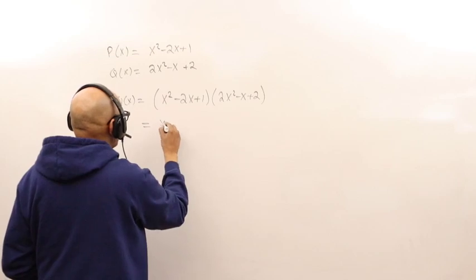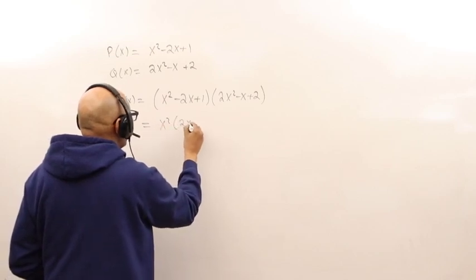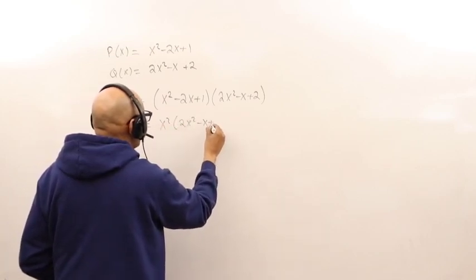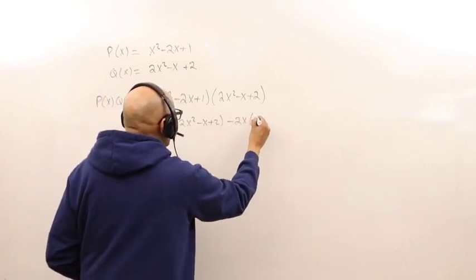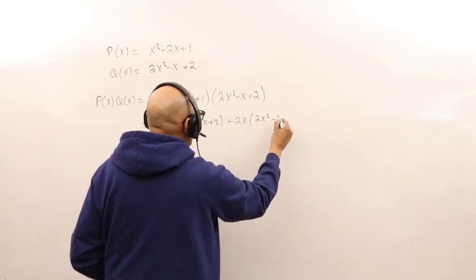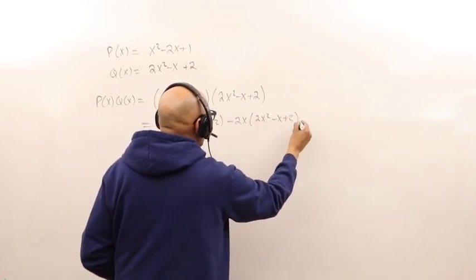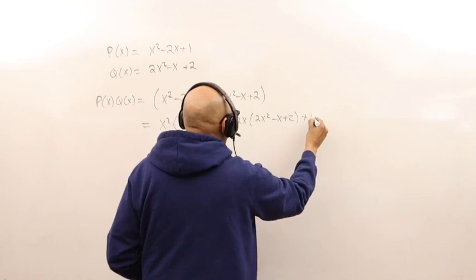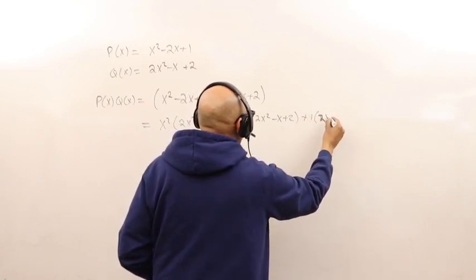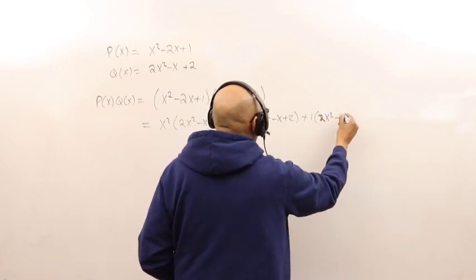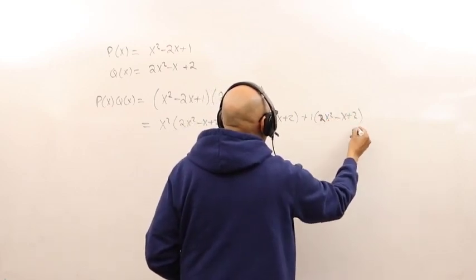So we're going to write this as x squared times (2x squared minus x plus 2), minus 2x times (2x squared minus x plus 2), plus 1 times (2x squared minus x plus 2).